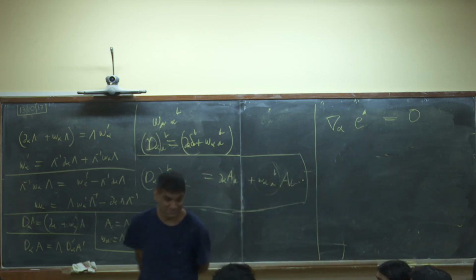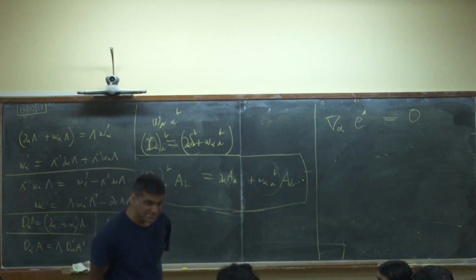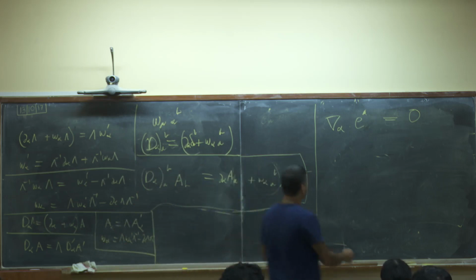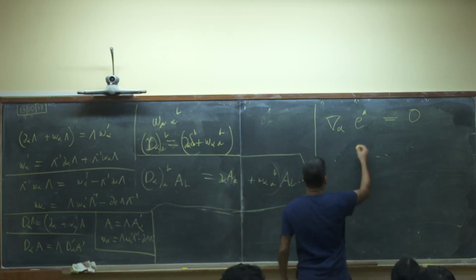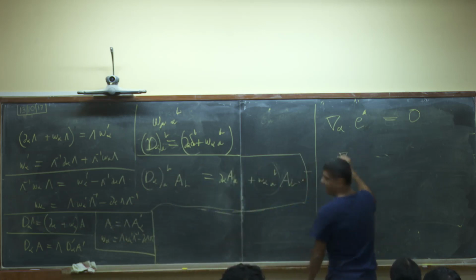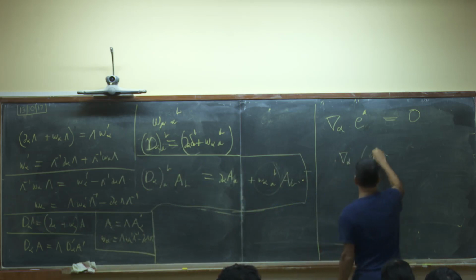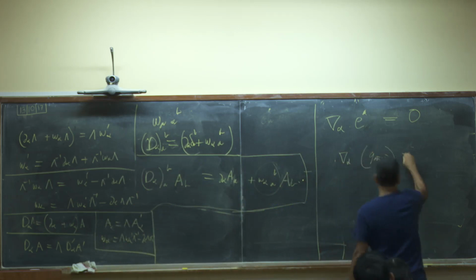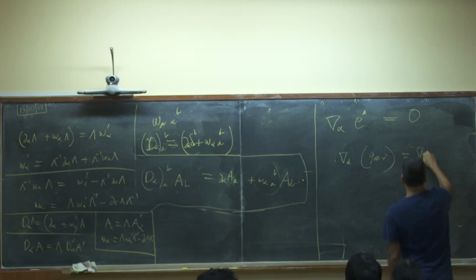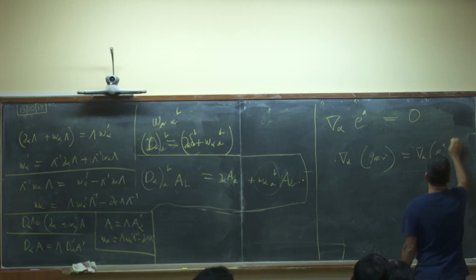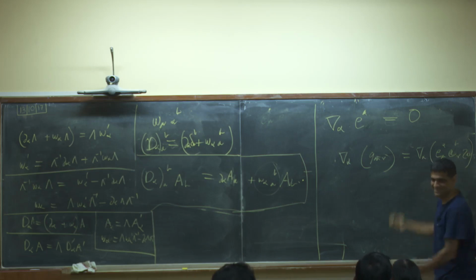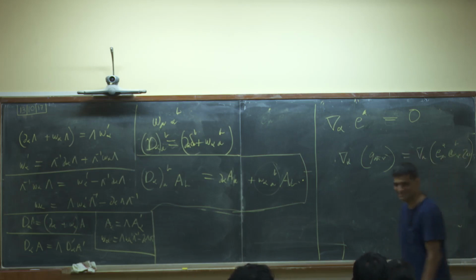This assumption implies that the covariant derivative of G mu nu is 0, simply because G mu nu is equal to E mu A E nu B eta AB, and the covariant derivative of each of these is 0, so that is 0.